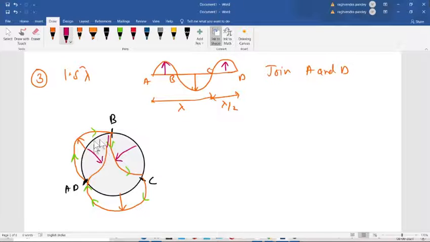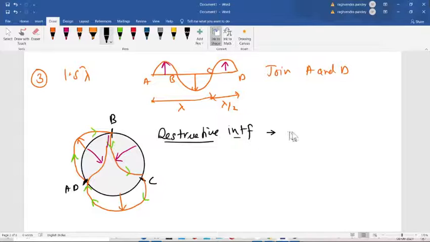If it is making a crest here, what type of interference is it, constructive or destructive? Yes, that is a destructive interference. So if you take 1.5 lambda, it is a destructive interference.